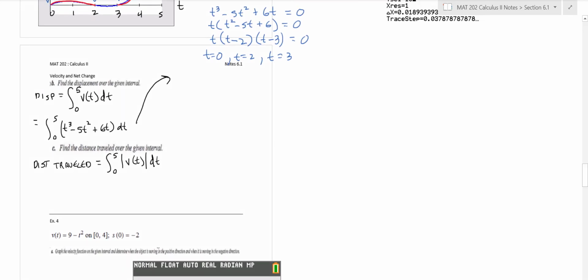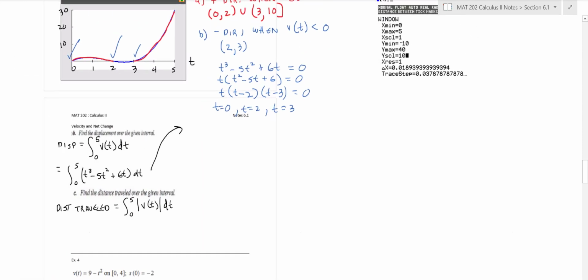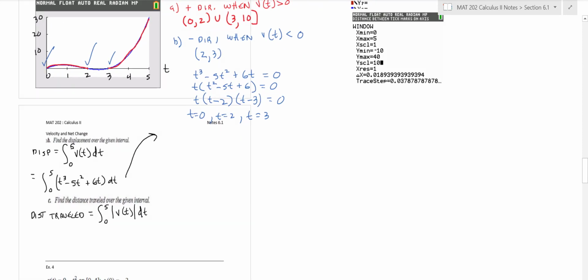I'm not going to work out the integral, and I don't always in this class take time to work out the arithmetic part of integrals, but really what's happening on this graph, if you look back at this graph here, this region is positive. That will have a positive value from 0 to 2. So you could break it up like this.